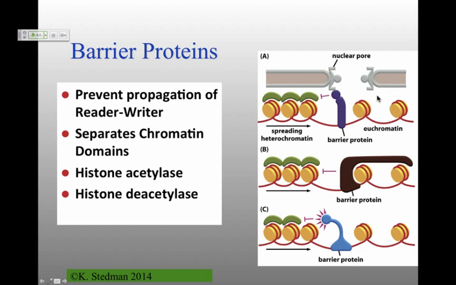But you have to have these barrier proteins, because if you didn't have barrier proteins, anywhere where you had heterochromatin formation or euchromatin formation by these reader-writer complexes and chromatin remodeling complexes, that's going to spread through your whole chromosome. So you want to have these regulated somehow, and one of the ways that that happens is through the binding of these scaffolding proteins.